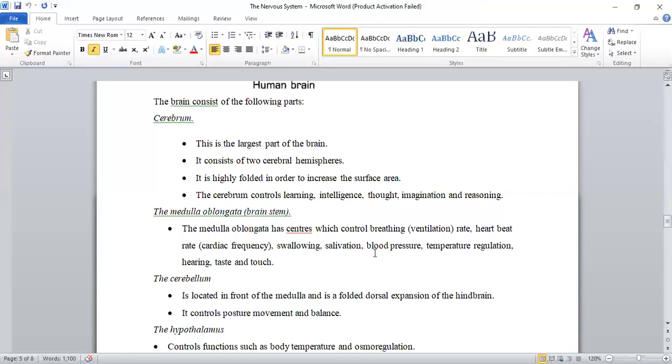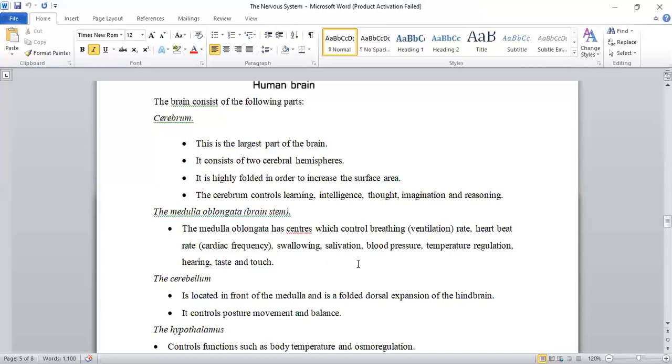If it's about blood pressure, it is supposed to control and coordinate how the blood is pumped in the blood vessels. And then temperature regulation, as in your body is able to act at different temperatures, when it is cold, when it is hot, so that the body can maintain a state of homeostasis.